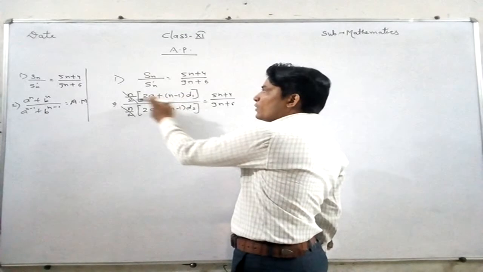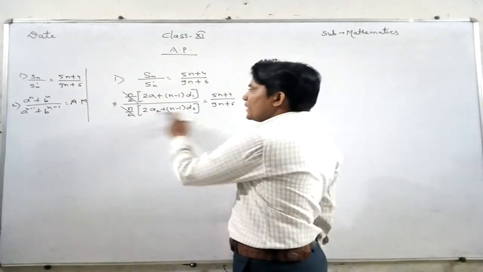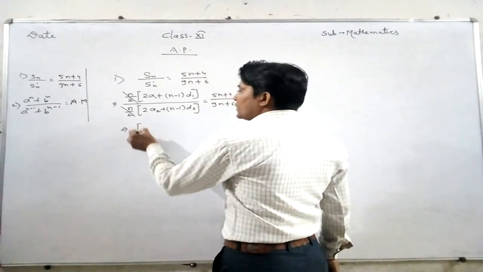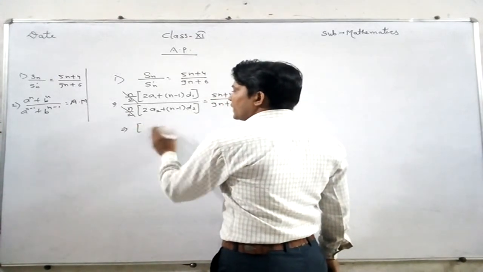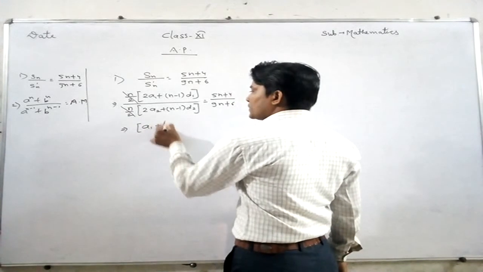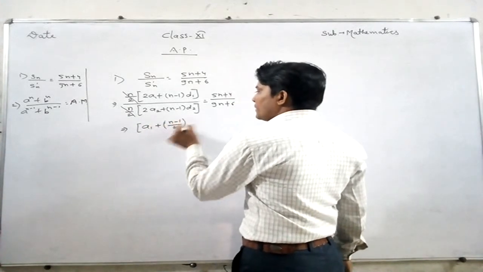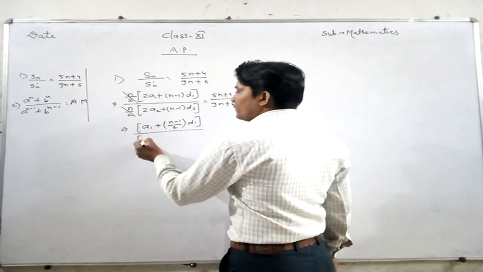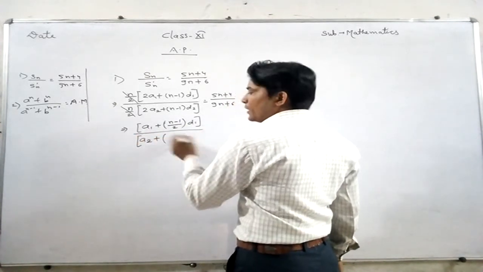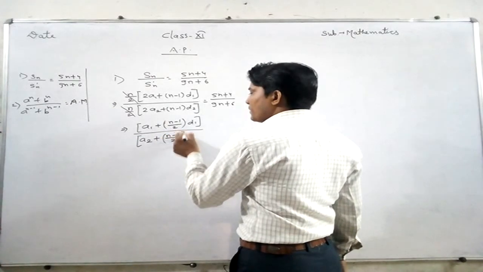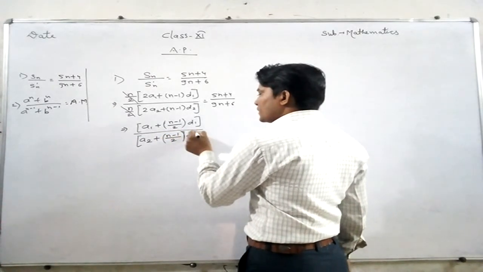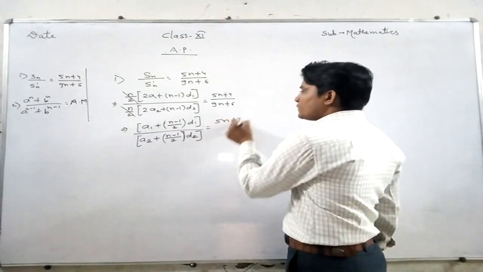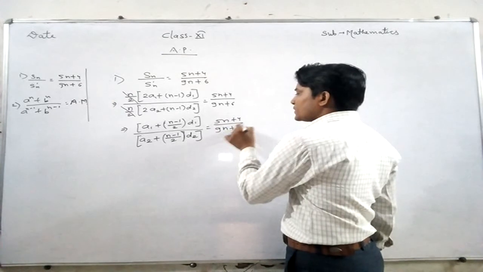If we take common 2 from numerator and denominator, we get a1 plus n minus 1 divided by 2 into d1, and the same for a2 plus n minus 1 divided by 2 into d2, and the ratio is the same, 5n plus 4 divided by 9n plus 6.